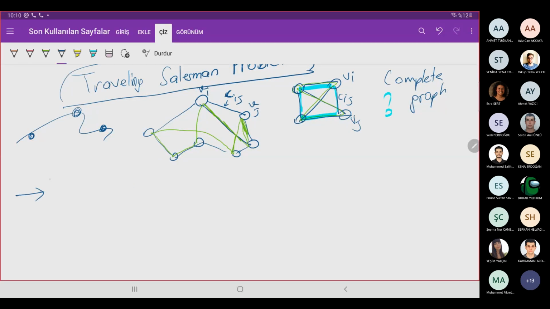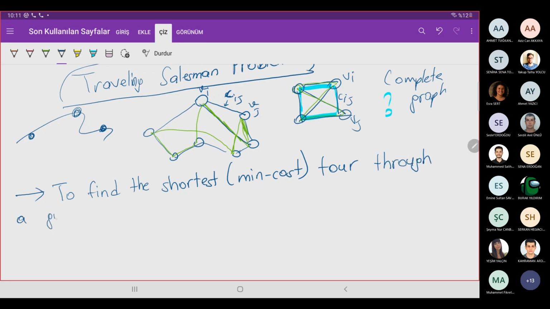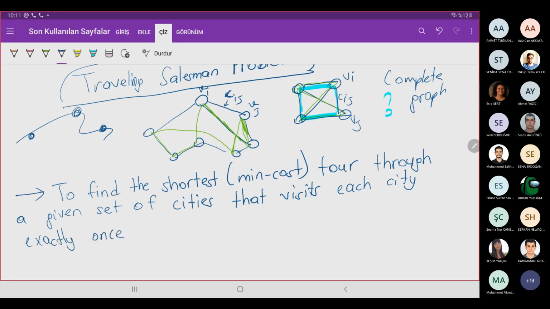To find the shortest, or minimum cost, tour, meaning a cycle, through a given set of cities that visits each city exactly once and returns to the original city.